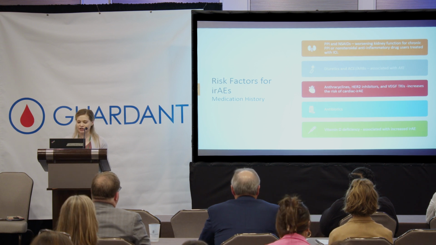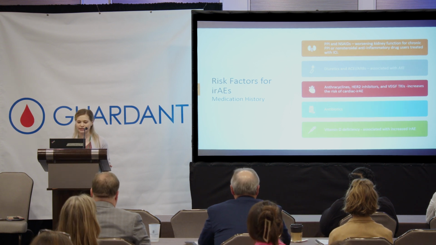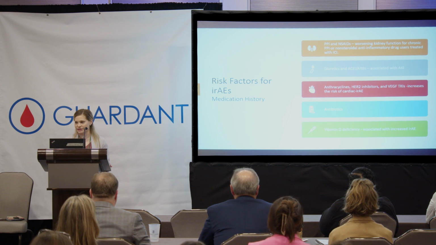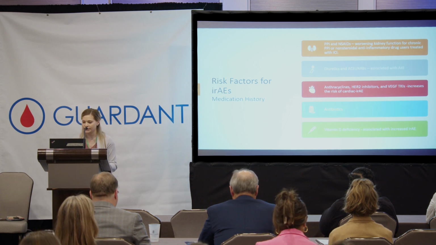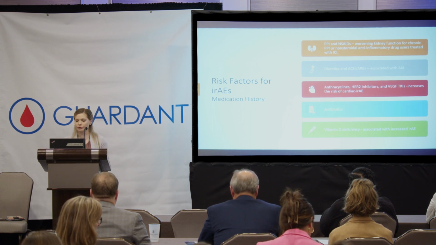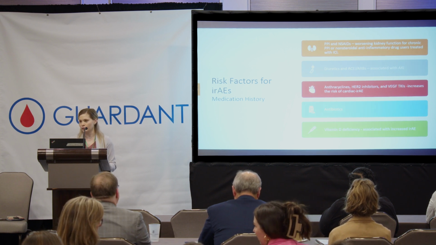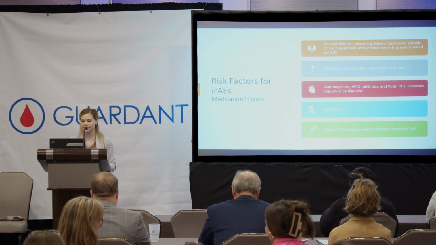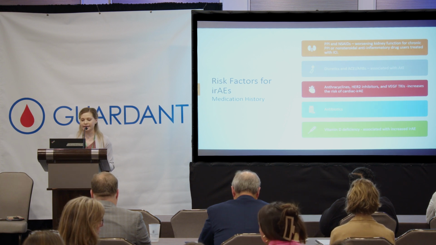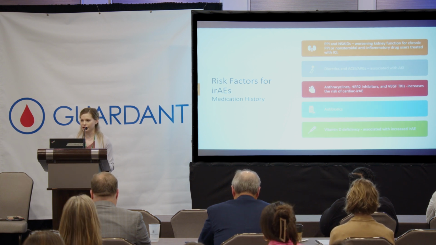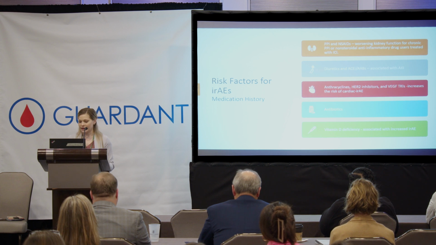When it comes to medication histories, there are some medications that could predispose you to having some immune-related adverse events. Patients with chronic use of proton pump inhibitors and NSAIDs tend to have worsening kidney function when treated with immune checkpoint inhibitors. Diuretics and ACE inhibitors and ARBs are associated with acute kidney injury.